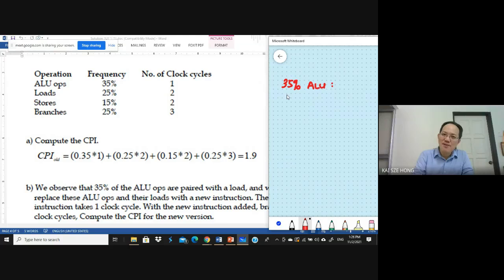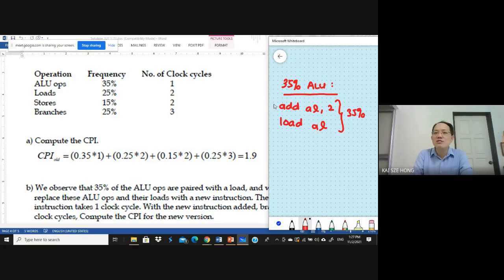Let me show you the example. Let's say add, then after that, they will have the load instruction. Load. For example, they have observed that this sequence happens for 35%.